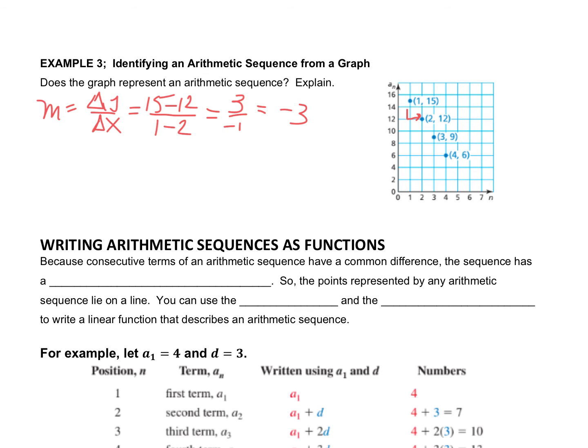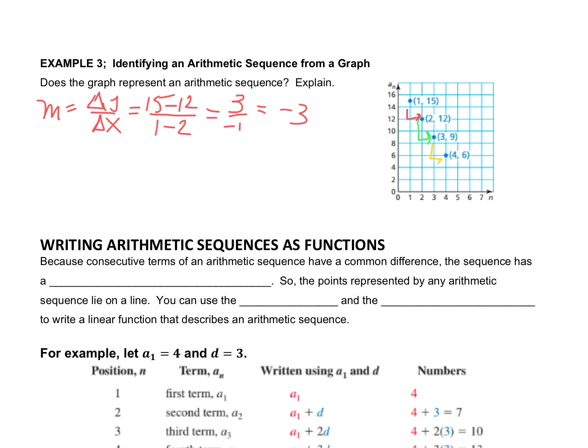So then we would want to just verify that through several of the other points. And again, I would come down 3 and forward 1. That would also be a negative 3 slope. And lastly, from this one to this one, the 9 came down to 6, and then also a negative 1 in my denominator. So we see a negative 3 slope. So this would definitely be an arithmetic sequence.